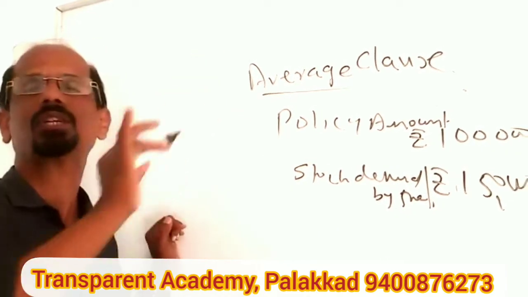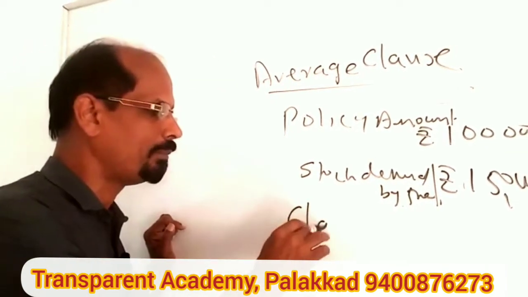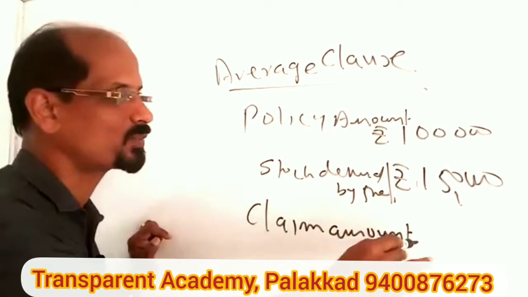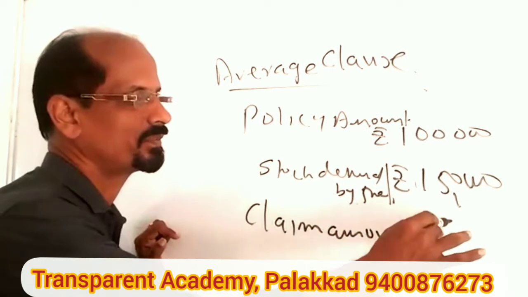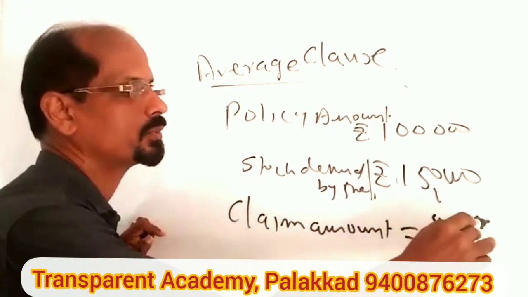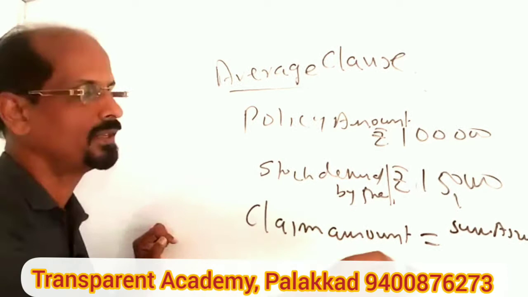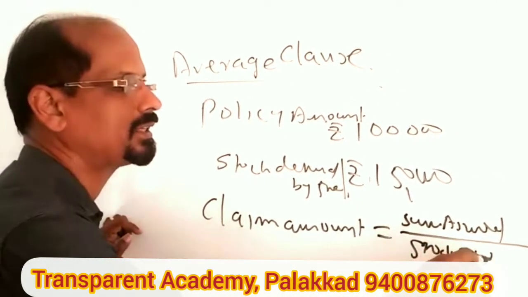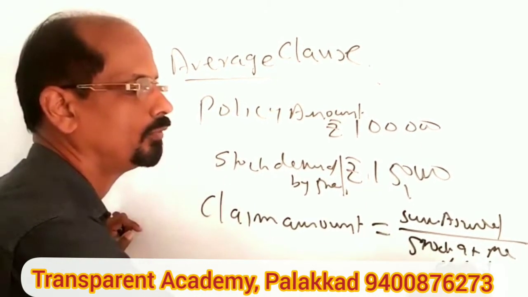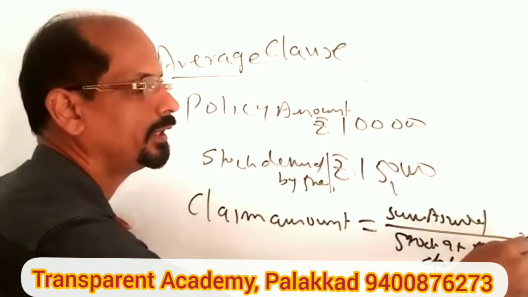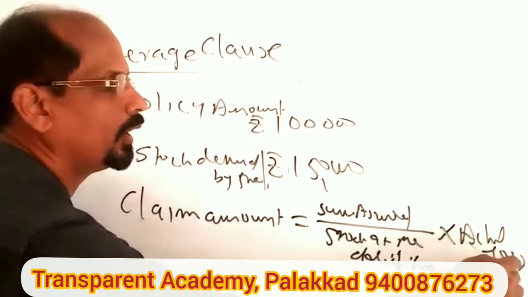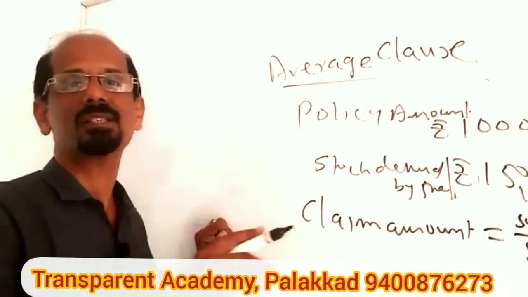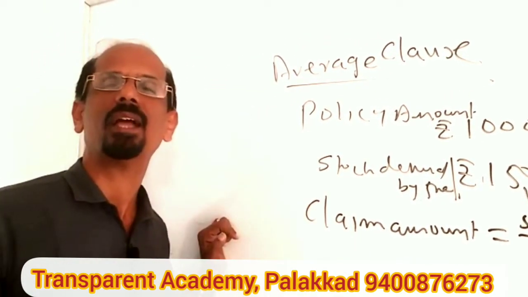If an average clause is included, the claim amount is calculated as follows: sum assured, that is policy amount, divided by stock at the date of fire, into actual loss. This is how claim is calculated under average clause.